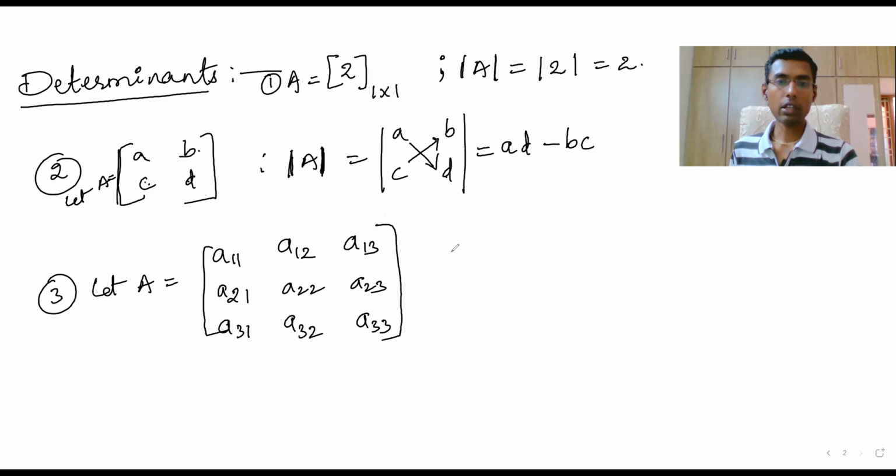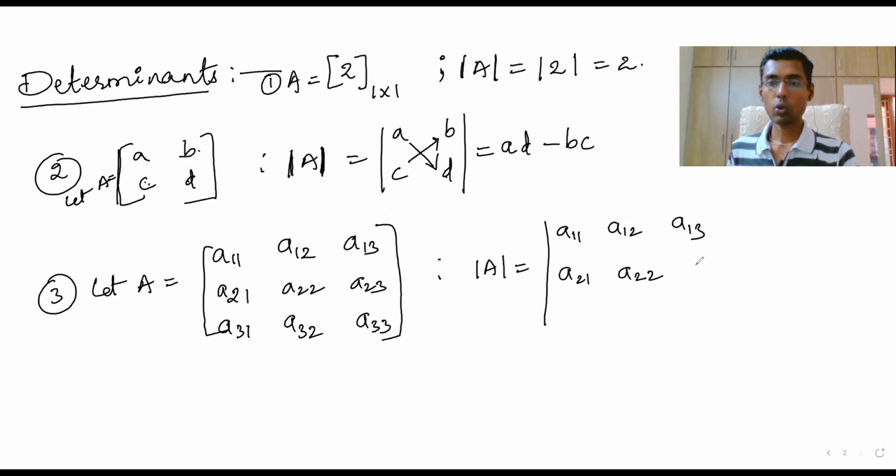Again, how do we write det A? Det A we write like this: A11, A12, A13, A21, A22, A23, A31, A32, A33. Like this we write. And how do we define this? Det A, how do we define it?